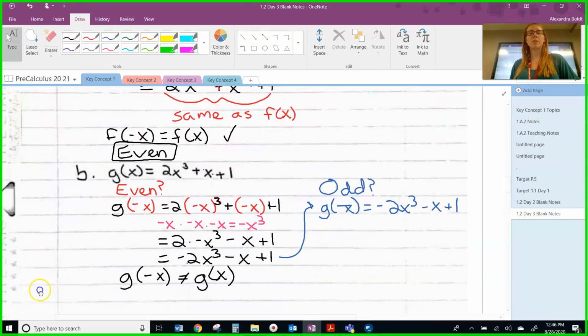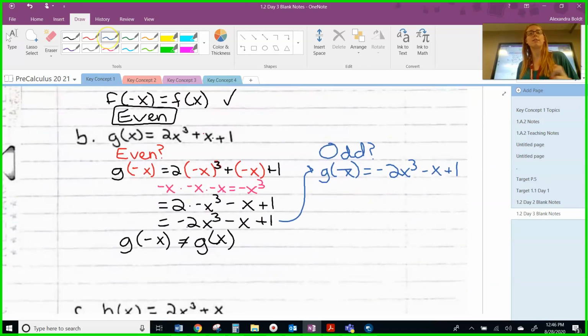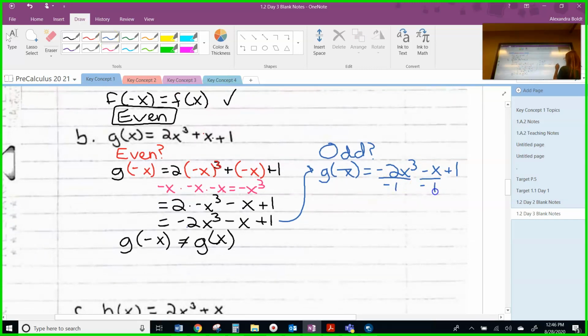So basically, I'm going to take a negative out of all of these terms by dividing by negative 1. So that negative from the negative 1 goes on the outside. A negative 2 divided by negative 1 is 2x cubed. Negative x divided by negative 1 is plus x. And 1 divided by negative 1 is minus 1.